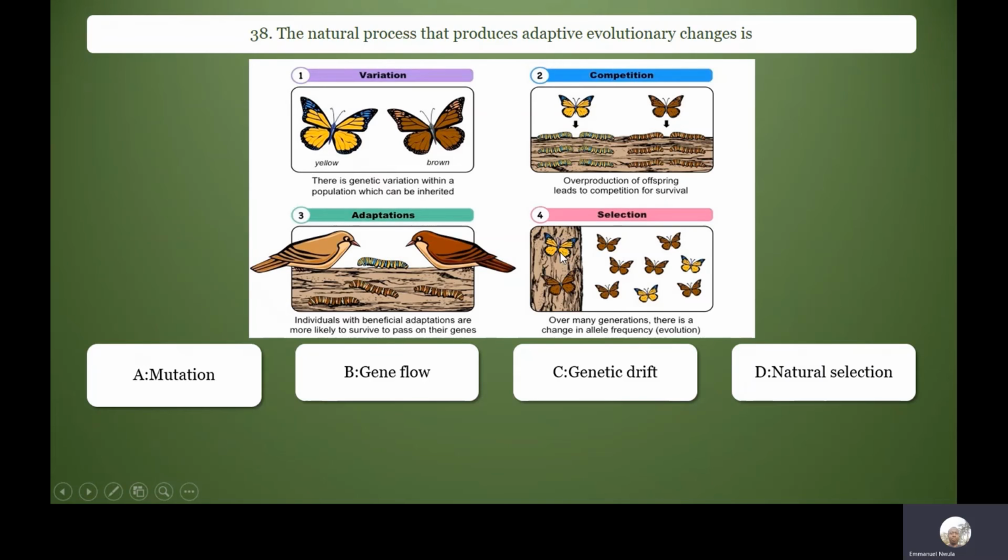So the yellow ones are more visible and they will be eaten by predators. So the brown ones now have advantageous traits that are transferred to their offspring. So it's called natural selection. Better adapted organisms are selected and they transmit their advantageous trait to their offspring. So the correct option here is D.